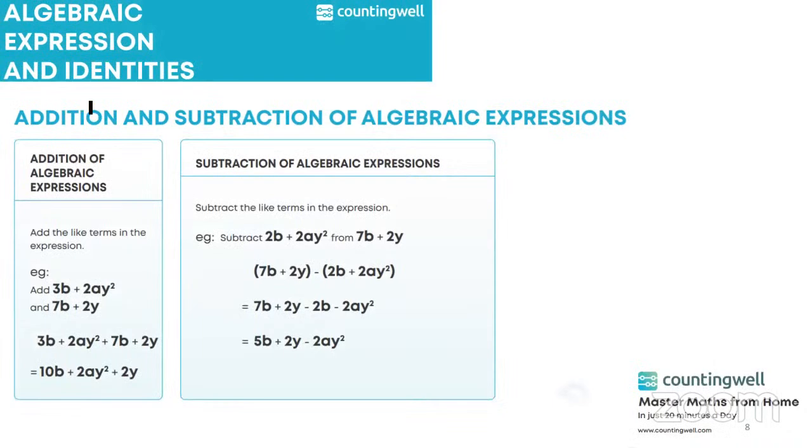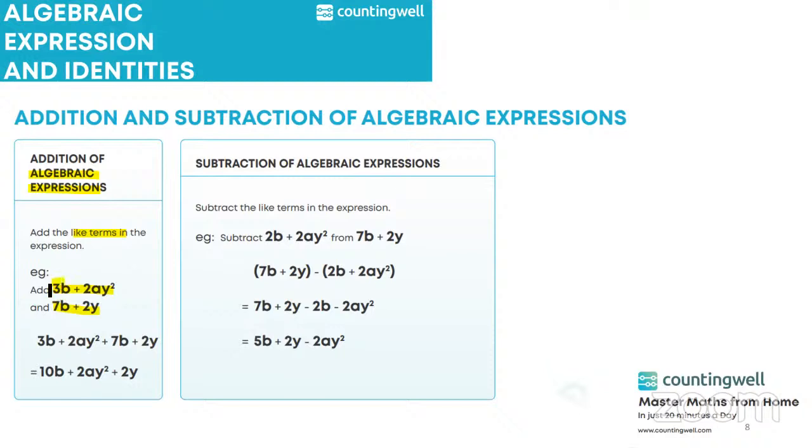Let us see addition and subtraction of algebraic expressions. Whenever we are adding algebraic expressions, we have to add the like terms. Okay. So which are the like terms? For example, here we have two expressions, 3b plus 2ay square and 7b plus 2y. Now you have to ignore the numerical coefficient.